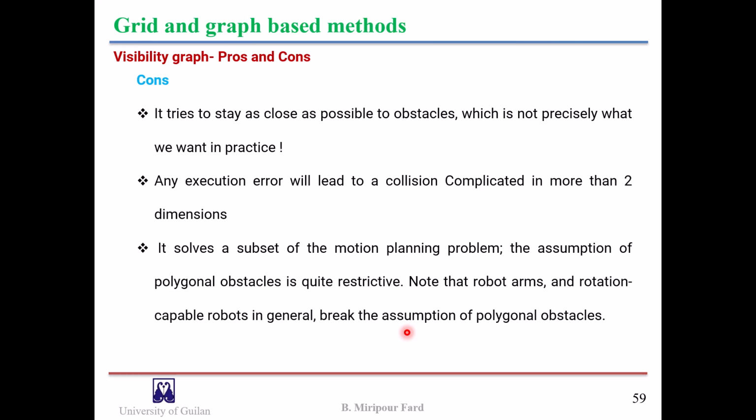You need explicit access to the polygonal obstacle in C space. That is, you need an explicit definition of C obstacle, which is hard to construct from the obstacles, and these obstacles need to be polygonal.